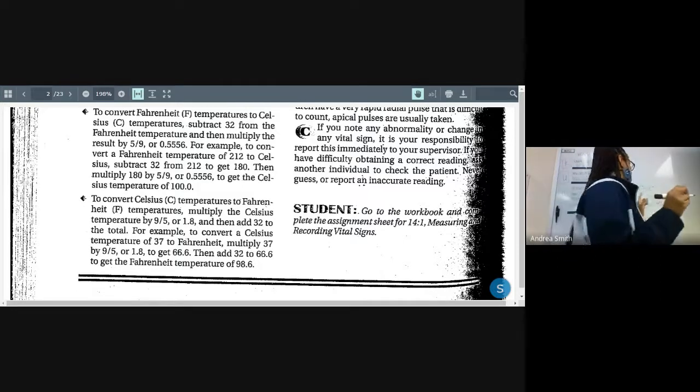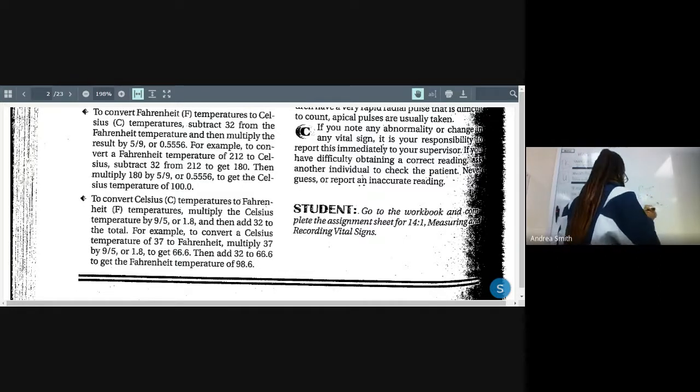In this case, the Fahrenheit value is going to be 212 minus 32. And that should give you 180. 180 times 5/9 will give you the value of 100 degrees Celsius.